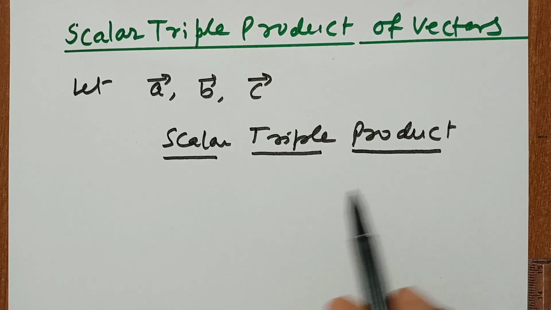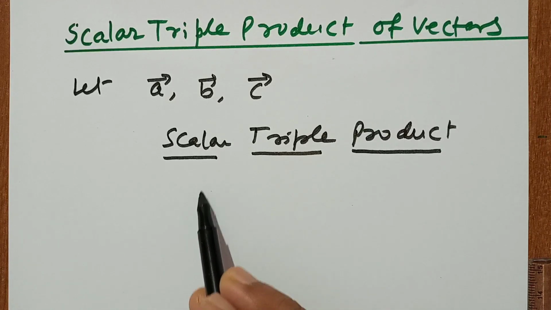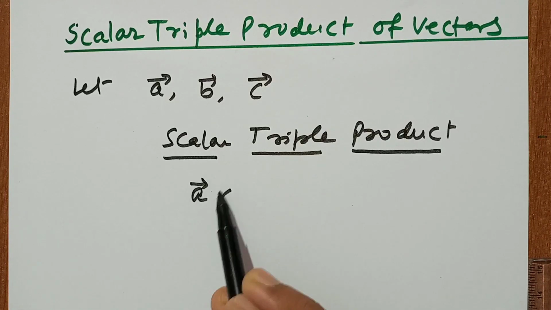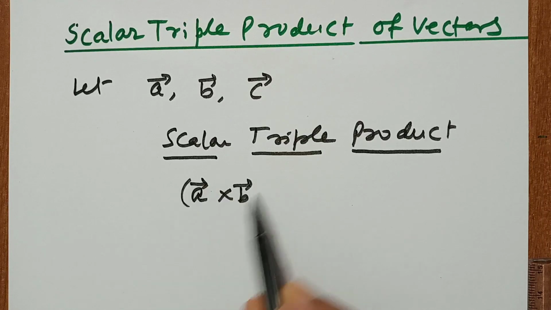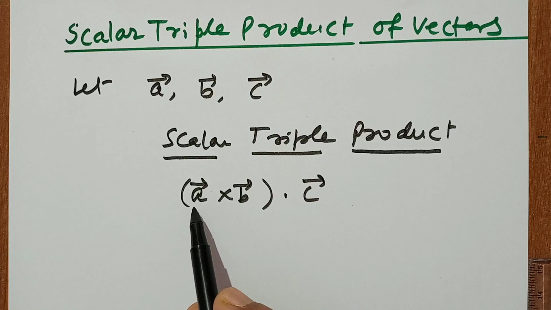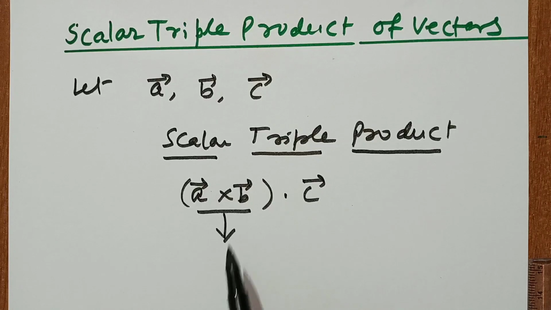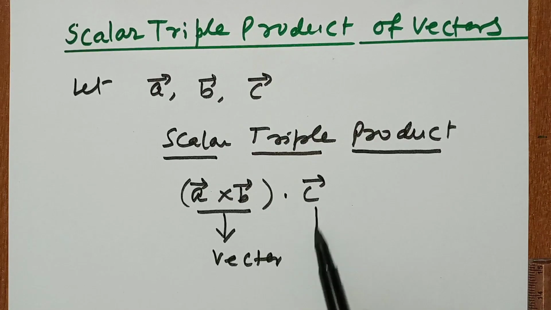So the scalar triple product of three vectors is denoted by A cross B dot C. Here these are A and B, so the cross product A cross B is again a vector quantity. This is a vector quantity and this is a vector.